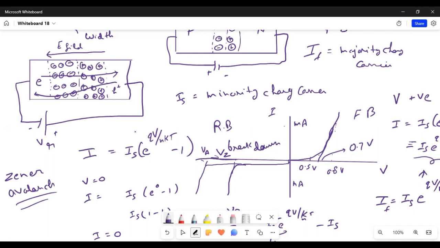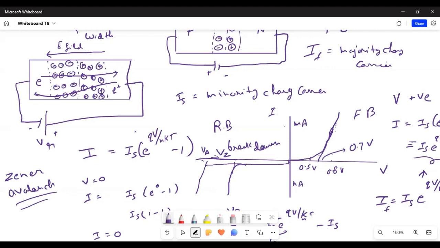In case of avalanche, the depletion width is big, so because of the electric field the bond-broken electrons move and gain sufficient kinetic energy, get scattered with the silicon atoms, and in turn generate more charge carriers in between, and we get a sharp increase in current. It's called avalanche. Usually for Zener breakdown to happen, the depletion widths are made smaller. For avalanche, this should be thicker.